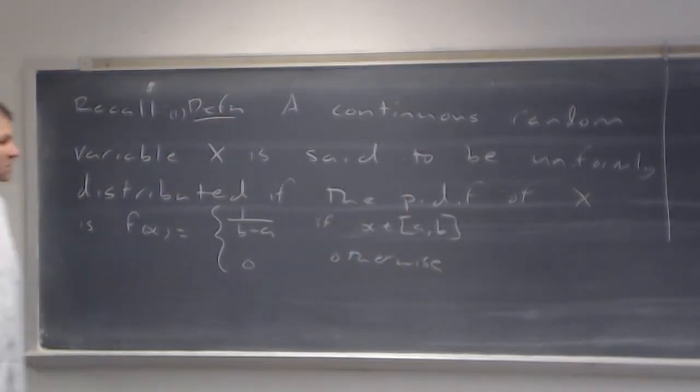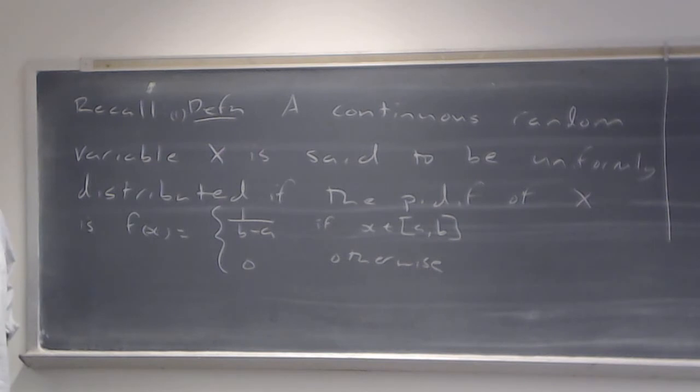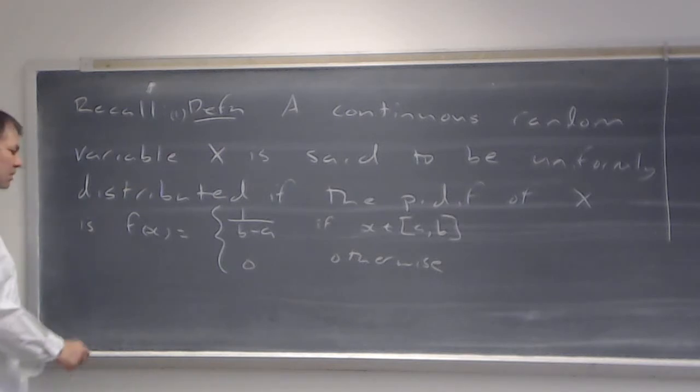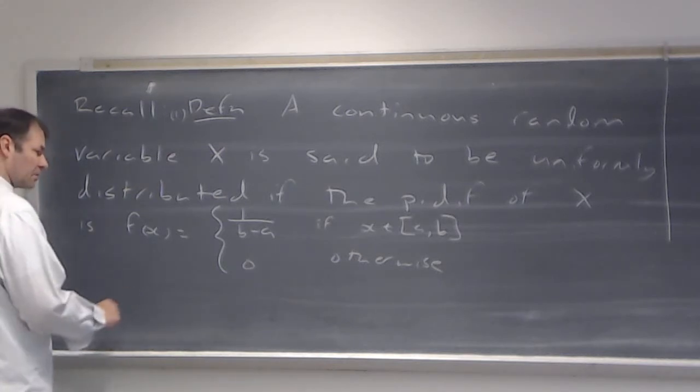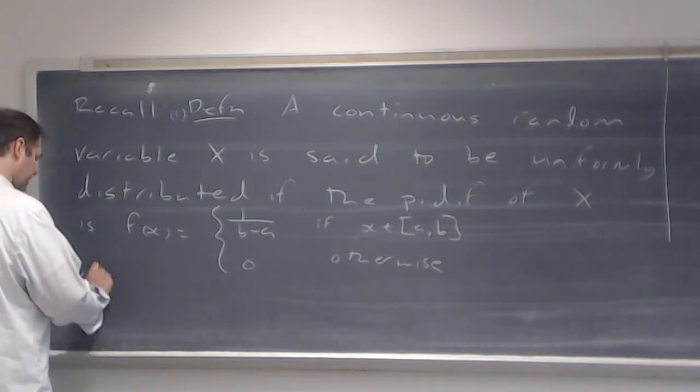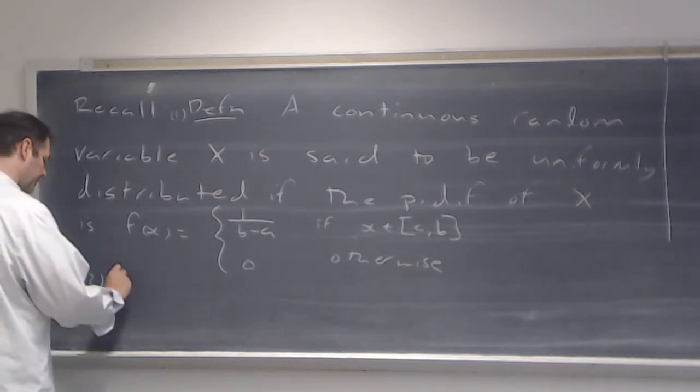So we talked about what the expected value was of a uniformly distributed random variable. We talked about what the variance was last time. And so what we want to do here is talk about the CDF. So this is the second thing that we're recalling.